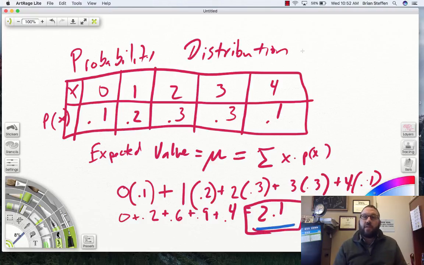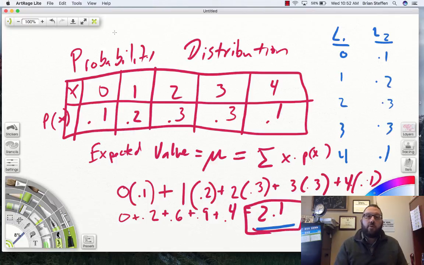The standard deviation is not something I ever want you to really calculate by hand. The formula's on your note card, but here's what I'd like you to do. In list 1, I want you to put all the x values, 0, 1, 2, 3, 4. In list 2, put the probabilities, 0.1, 0.2, 0.3, 0.3, 0.1.